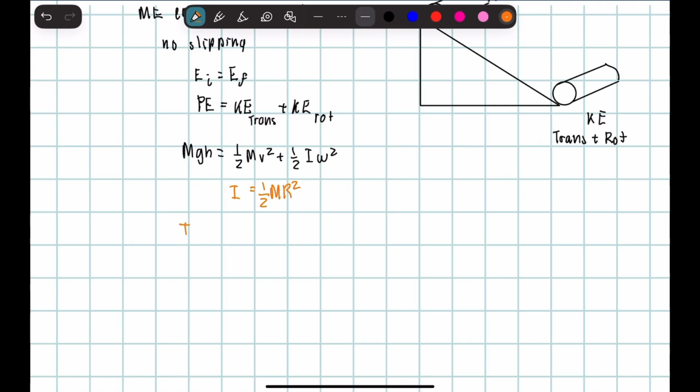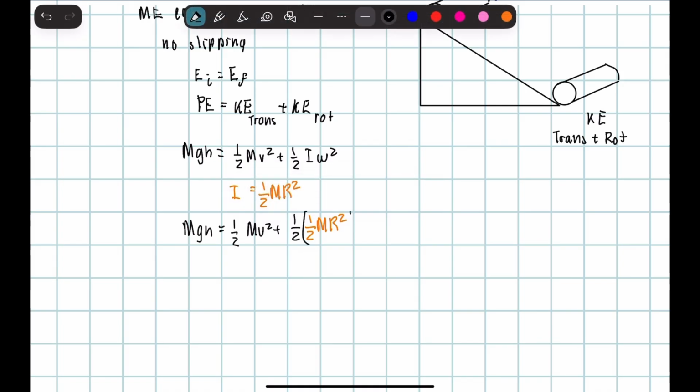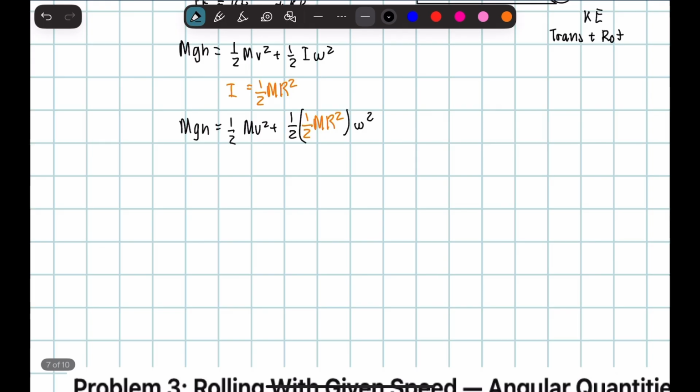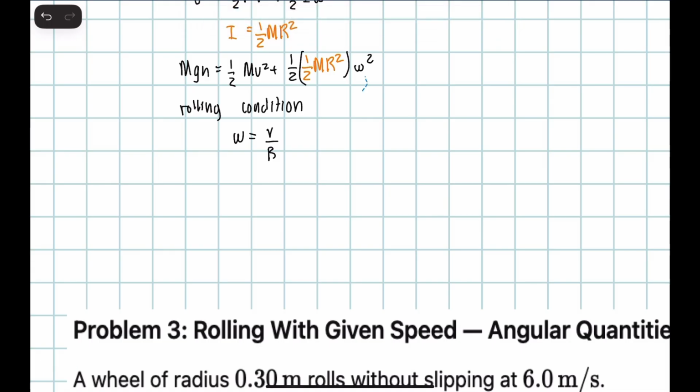So now we have mgh equal to 1/2 mv squared plus 1/2 times the moment of inertia times omega squared. And now we can use the rolling condition, which is that omega is equal to v over r, and plug this in.